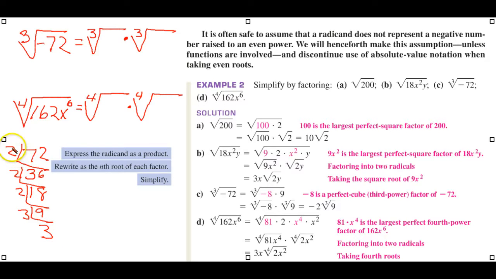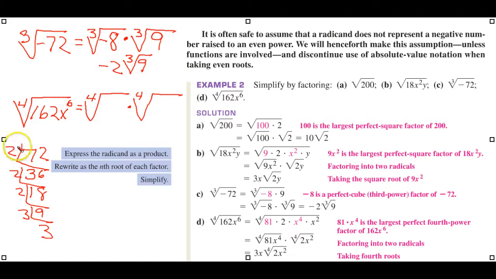Now, can you see you have 2 times 2 times 2, which is 8. 8 times 9. Now, you may have known that already, and remember this has to be a negative. So the cube root of a negative 8 is a negative 2, the cube root of 9.